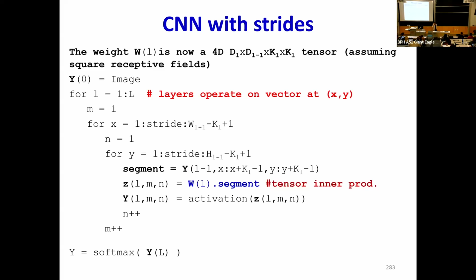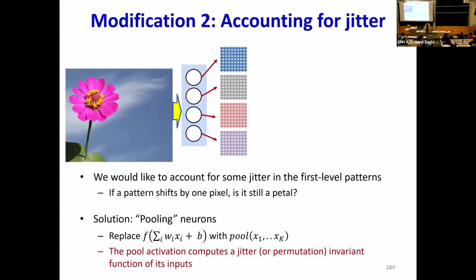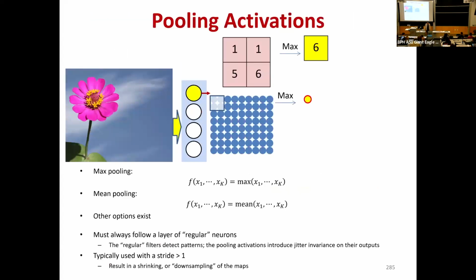You want to say that it's not necessarily a petal in this position, but somewhere in this region. That's regardless of the stride, right? And so how exactly would you perform this jitter invariance? You're going to pool. You look at windows of the maps produced by the first layer neurons, pick the largest of those and copy them over.